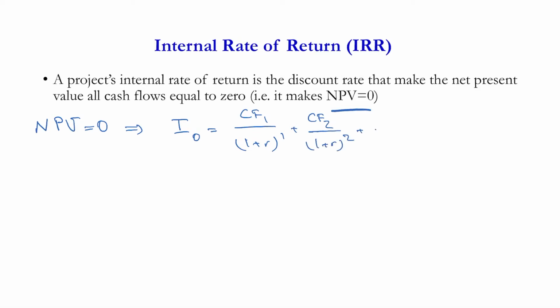So if I have several cash flows and then I have my last cash flow at time n, then if I solve this equation for r, the r that I get would be the IRR, or the internal rate of return for this project.